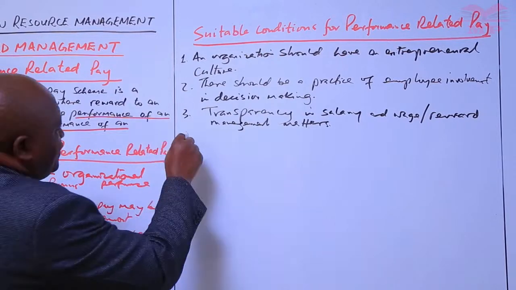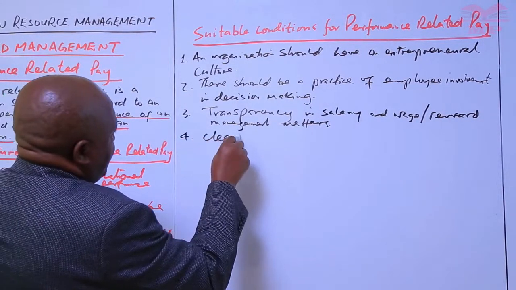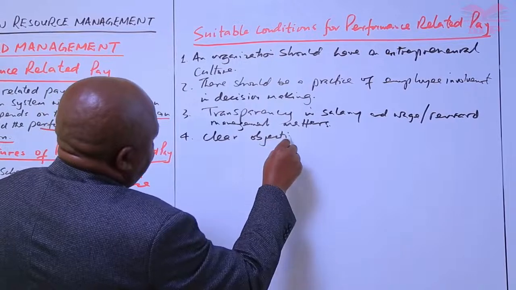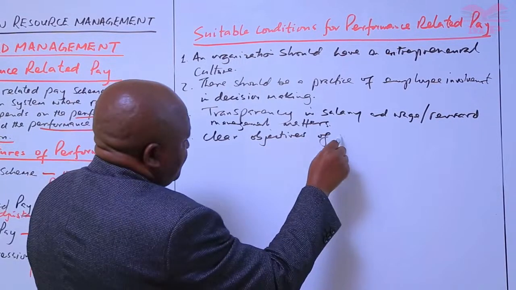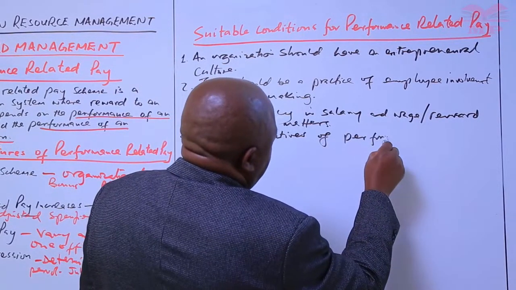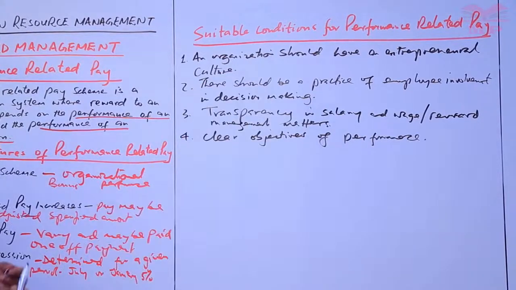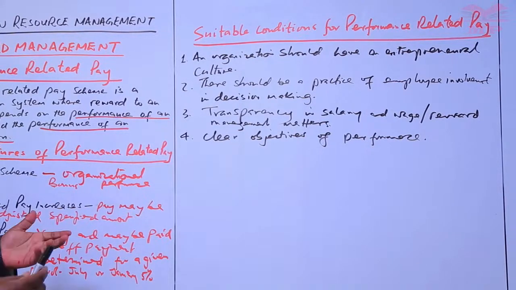Then 4, clear objectives of performance. A clear objective of performance must be in that environment, so that it is very clear what is expected, in terms of management and in terms of the workers.